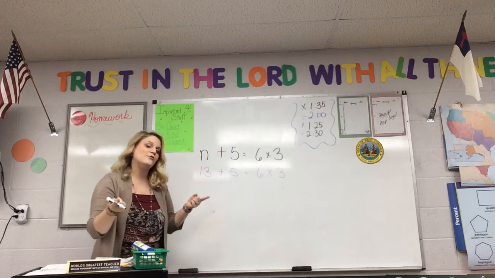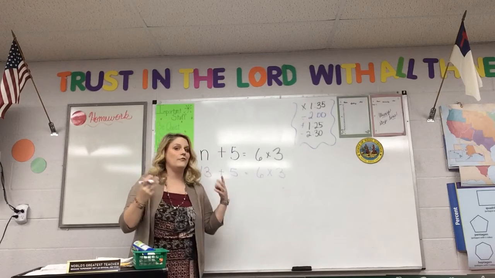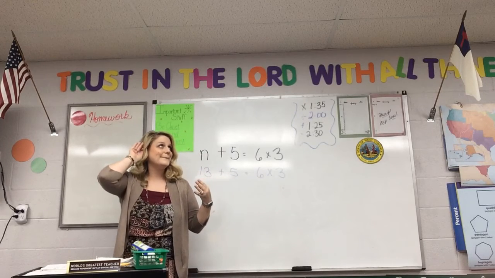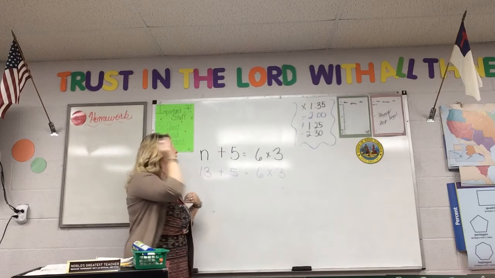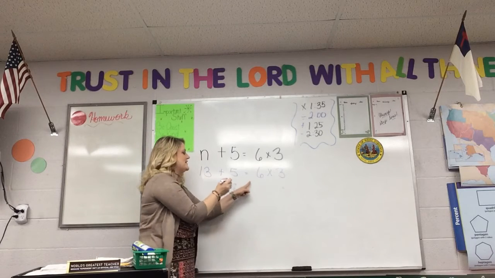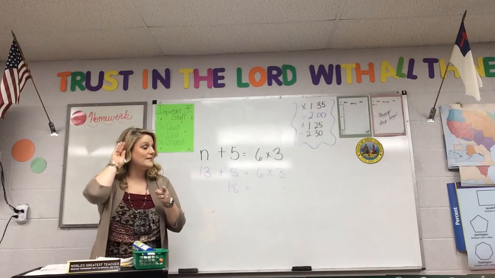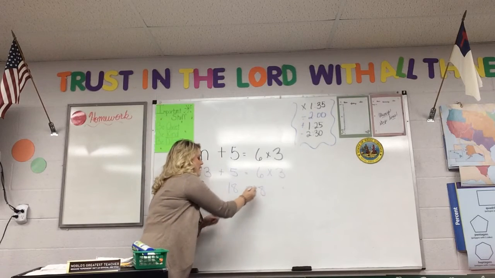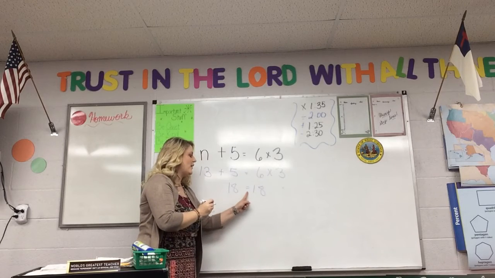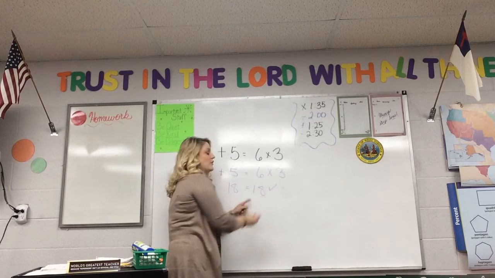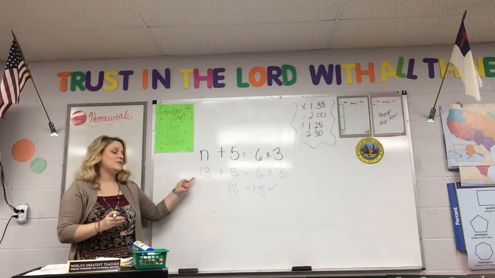Now you answer for me. What is 13 plus 5? 18? Yes. And what is 6 times 3? It is 18. That's right. So if your two answers check out, if they are equal, then you have answered correctly and n was actually equal to 13.